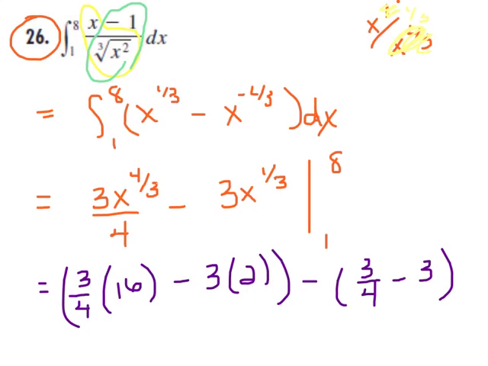Okay, so what can I do to simplify this? The 4 and the 16. So here I have 12 minus 6 minus 3/4 plus 3.